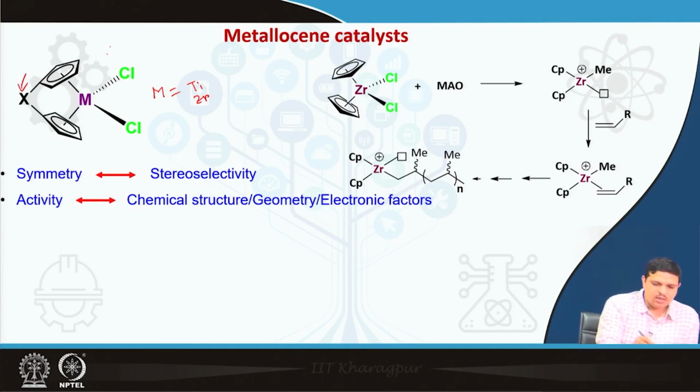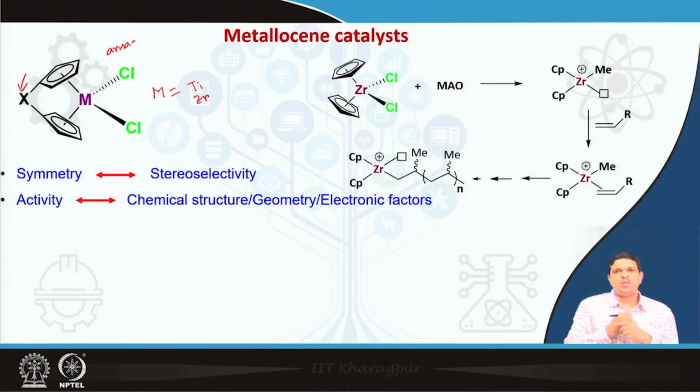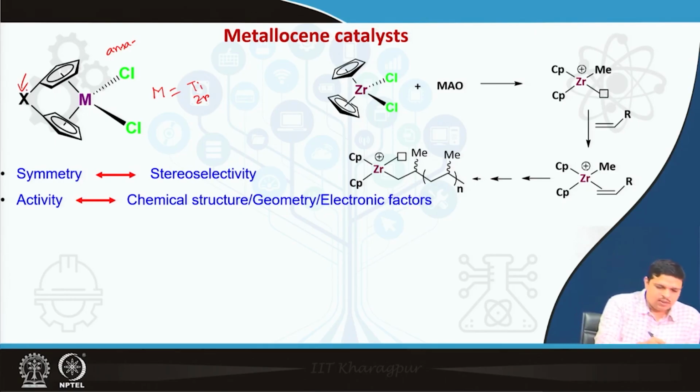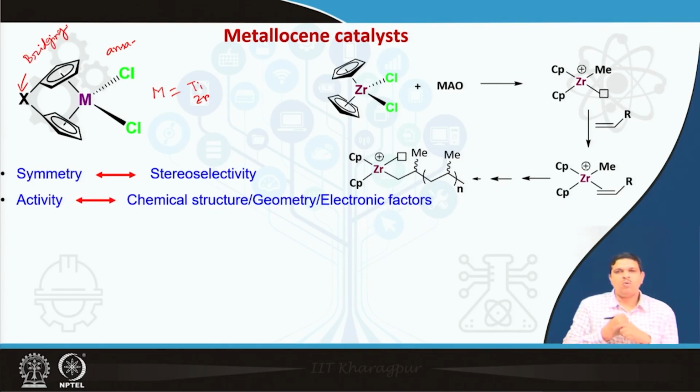This is basically the category of ansa cyclopentadienyl metallocene complexes, and this X is a bridging unit, and we now have a very good idea of how the bridging units affect its reactivity, the chemical structure, and also the stereoregularity and activity.